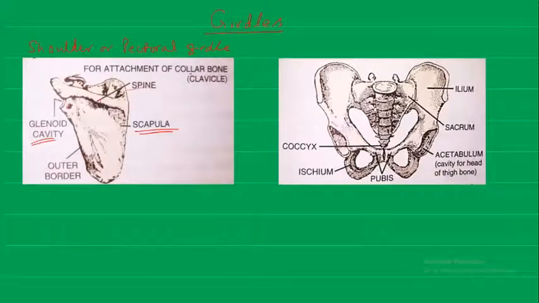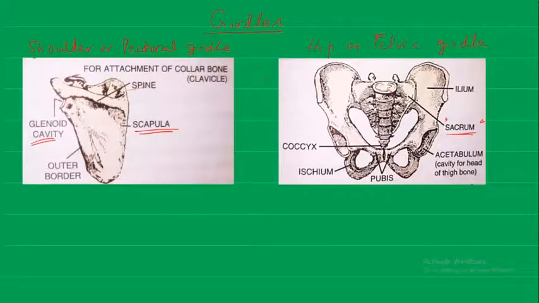Now the other one is the hip or pelvic girdle. It is a large trough-shaped structure, formed by two hip bones that are joined medially to the sacrum.